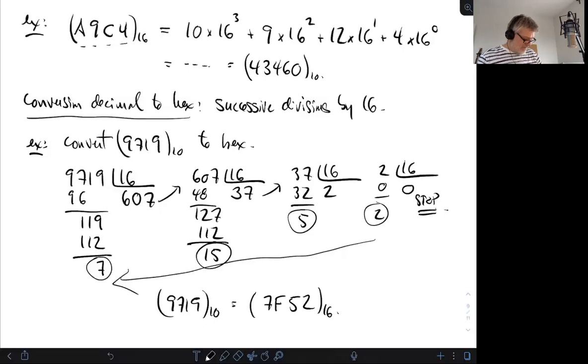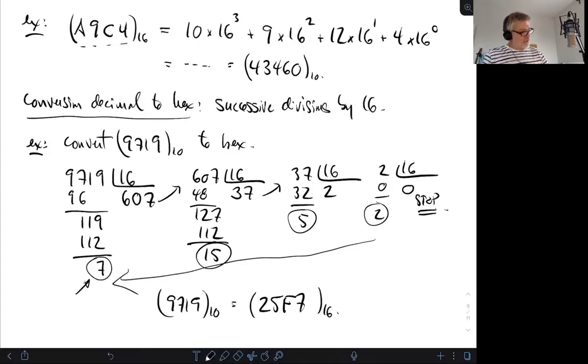This is completely wrong. I was right at the start. So I'm reading it this way, but left to right. So 2, 5, F, 7. Sorry about that. The first number that you get is always the least important digit. It's the rightmost digit. So this is 9719 in hex. All right.